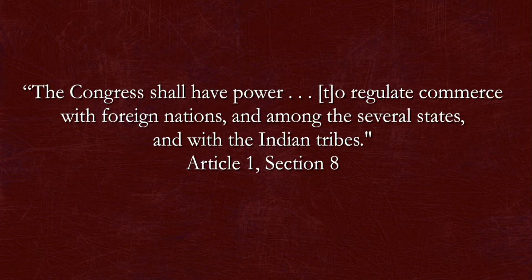What the Constitutional Convention decided to do, however, was to take Indian affairs and stick it in the Commerce Clause, which is found in Article 1, Section 8, so that that clause would read that Congress has the power to regulate commerce among the several states and with the Indian tribes and with foreign states.